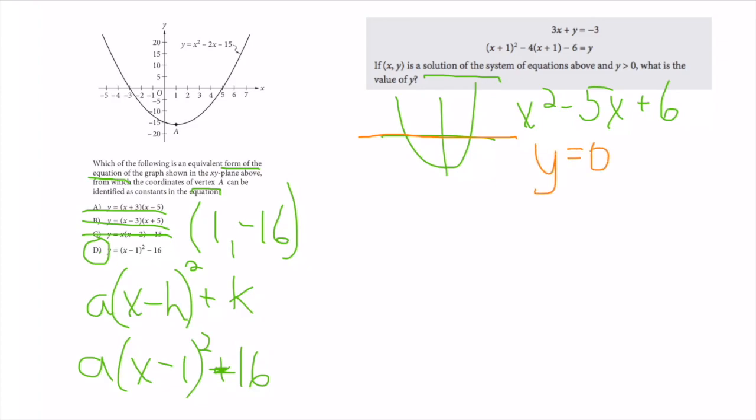So y equals 0 is a line, and I'm setting this equal to 0.